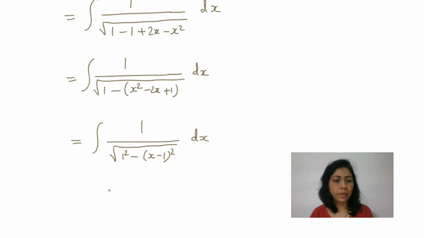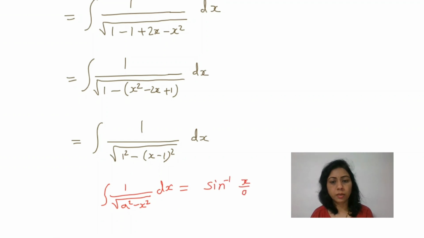Here we apply this formula: integration of 1 upon square root of a square minus x square dx. So we get sine inverse of x upon a plus c.